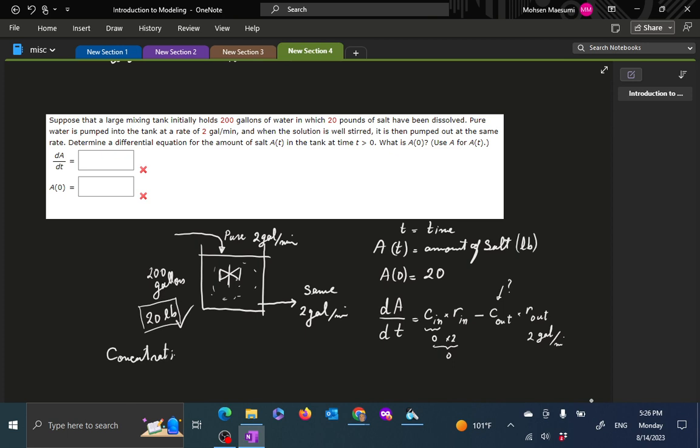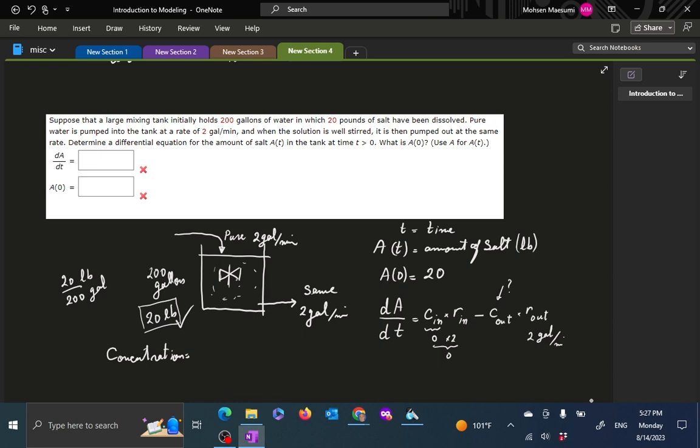For example, at the beginning, what's the concentration? At the beginning, we have 20 pounds in 200 gallons. So at the beginning, it's 20 over 200. That's how many pounds you have per so many gallons. So the concentration is 0.1.